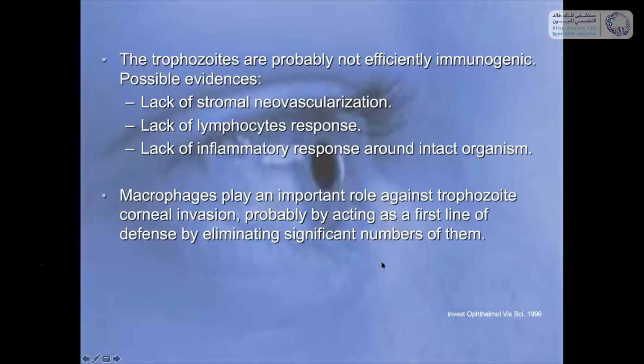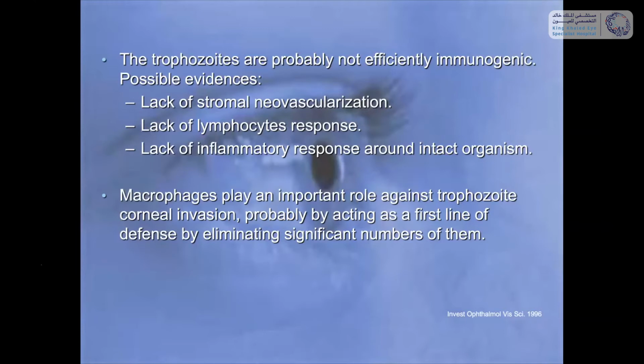Trophozoites are probably not efficiently immunogenic. Why is that? Because there is evidence of lack of stromal neovascularization in Acanthamoeba keratitis. Also, we don't see a lot of lymphocyte response during the infection, and there is also a lack of inflammatory response around the intact organism.